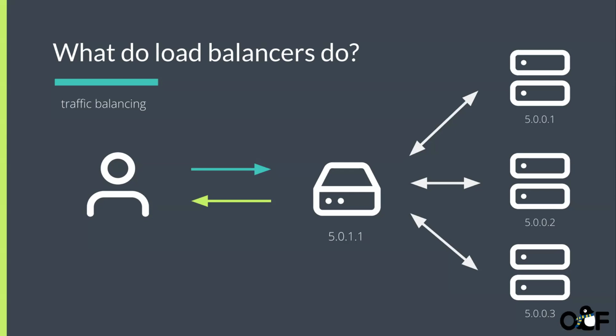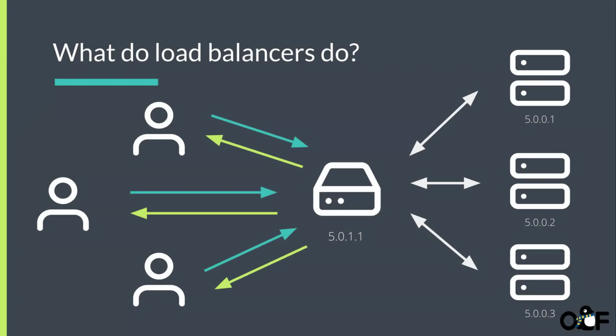But round robin is the most obvious, which is just, in order, you fan them out like that. This is a visualization of many people querying your load balancer. Maybe this guy's request will go here, this guy's request will go here, and this guy's request will go here. And this server doesn't really do any of your actual application logic.